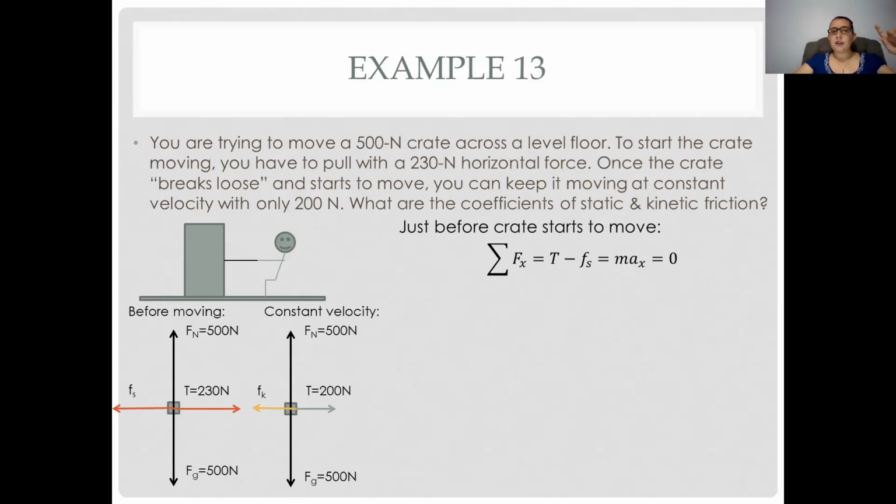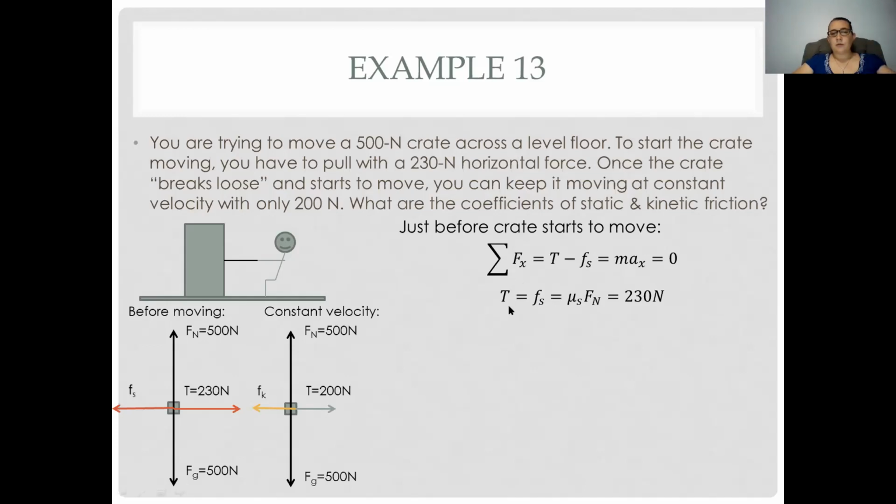Okay, so just before this crate starts to move, that means it's not moving yet. So its acceleration at that moment is 0. So that means the tension force and the static friction force are equal to each other. Right? So the static friction force is the static coefficient times the normal force.